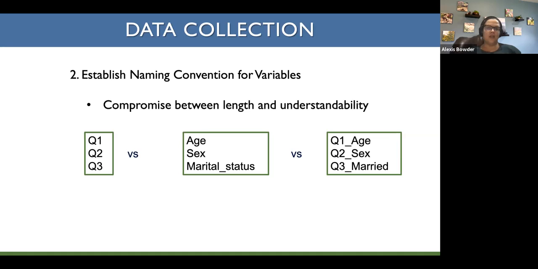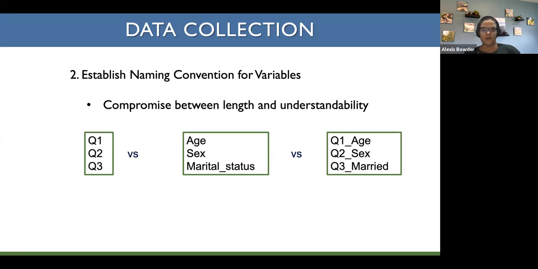In addition to thinking about the variables themselves, it's very helpful to think about how you're going to code the columns, either in the Excel spreadsheet, on REDCap, or on Google Forms. And you want to compromise between length and understandability. If you just label your columns question 1, question 2, question 3, and you look back at it 2 years later, you may not know what that actually means.